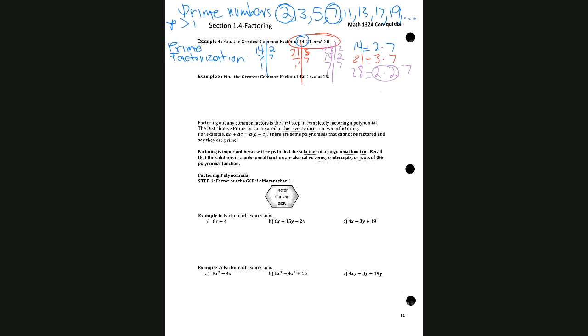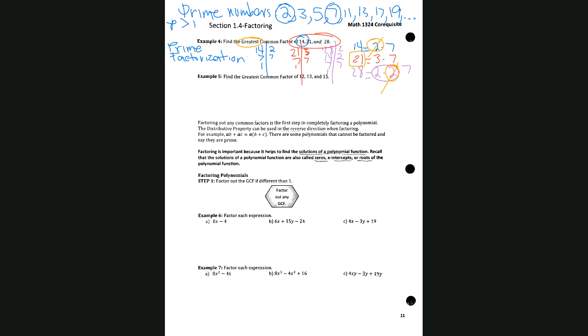But what matters from here is that, well, we could say that 14 and 28 have 2 in common. However, 21 does not have 2. So for all three numbers, 2 is not even a common factor. But even if it was, remember, we always want to find the greatest, the largest common factor.